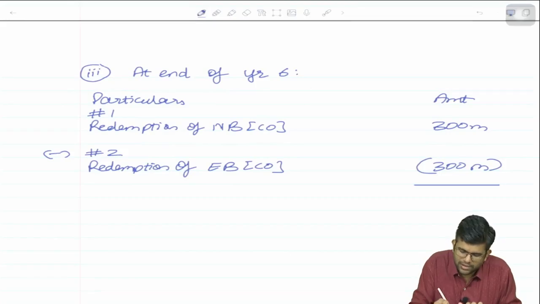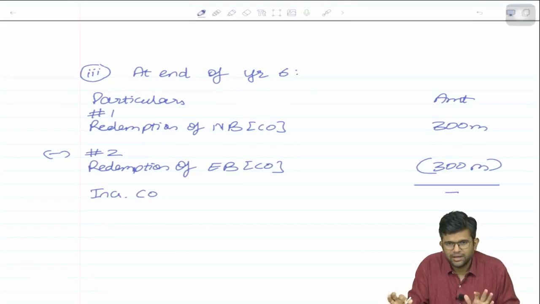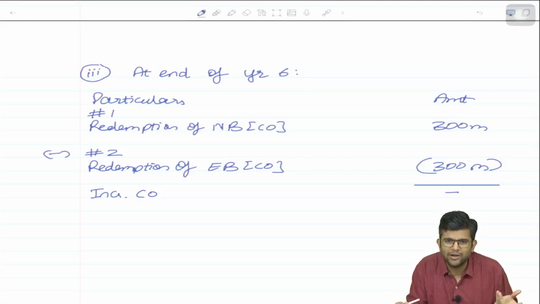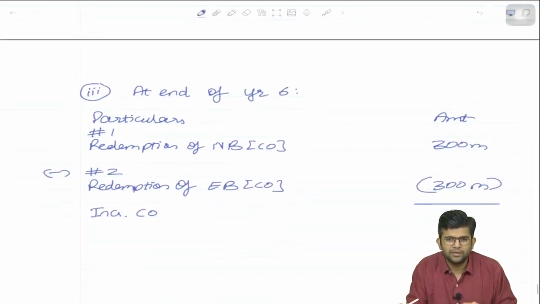And this, do you realize, will give you incremental outflow nil, irrelevant. Entire thing is irrelevant. There is no say in whether I should replace the bond or not, for that this cash flow is not going to have any say. Because whether you continue with Bhavani or you go with Mahalakshmi, 300 million you have to pay only. So that part is irrelevant. Everyone following till here? Clear?